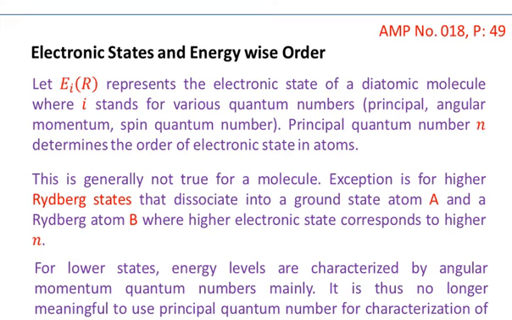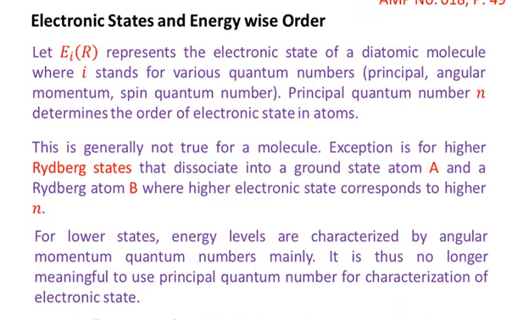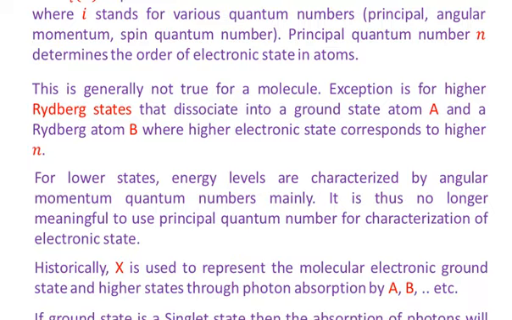But in the case of molecules, we are not concerned with the principal quantum number n, or the principal quantum number will not appear when we talk about molecular states.